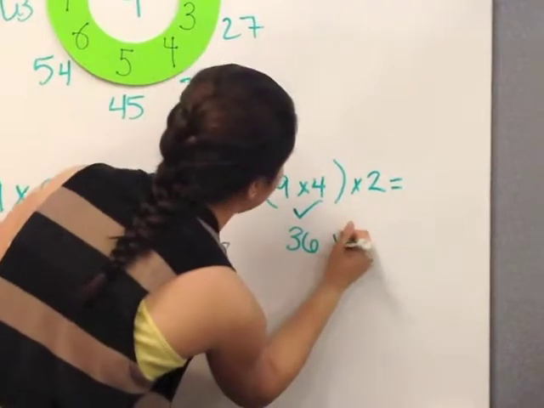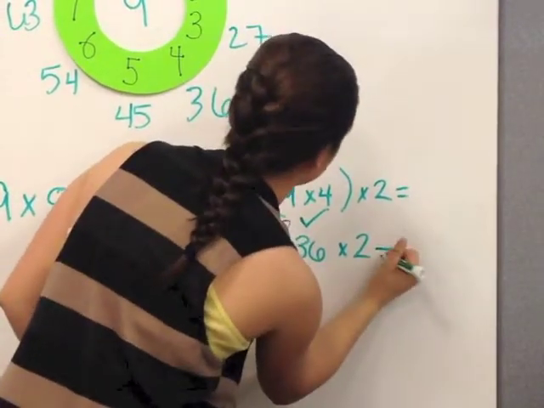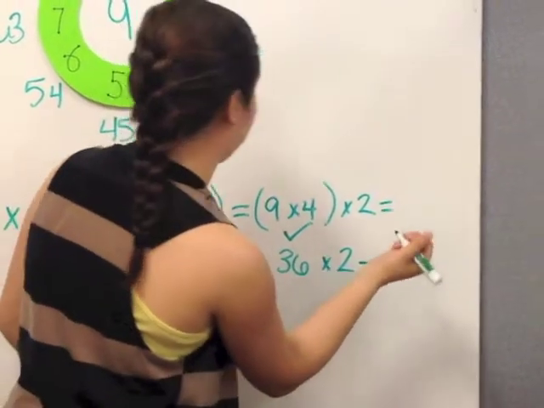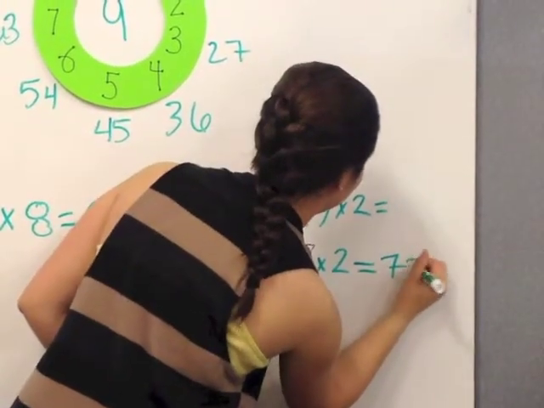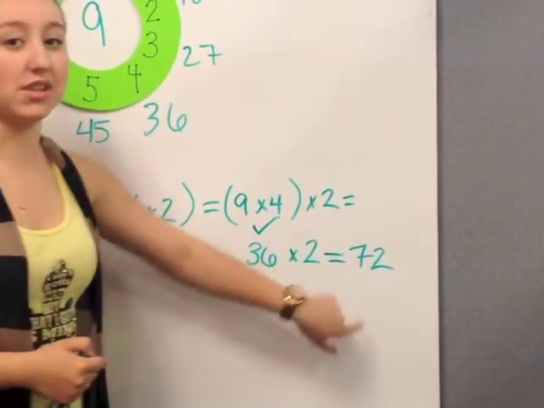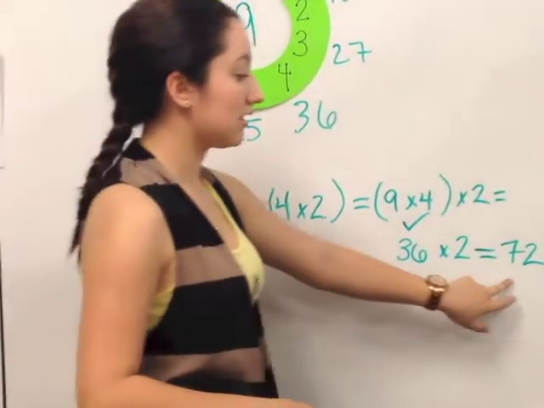And then I multiply it by 2, which equals 72. So 36 times 2 equals 72. That means 9 times 8 equals 72.